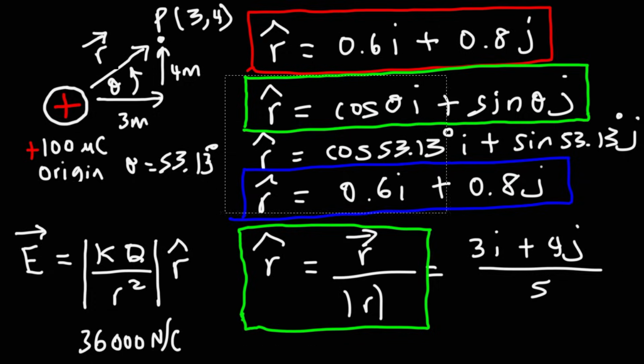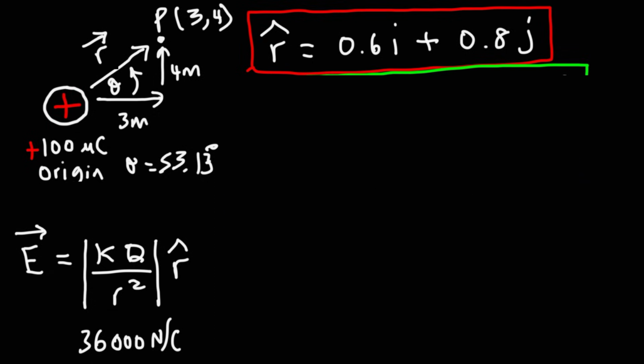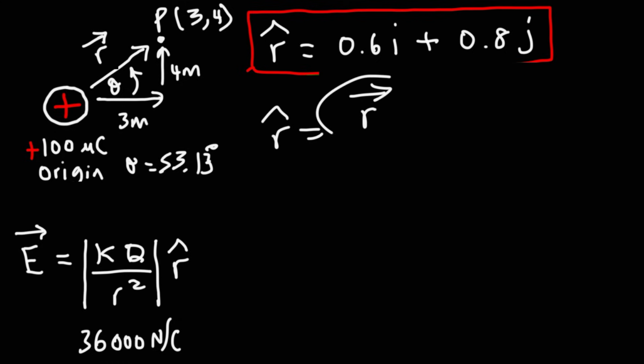So those are the two ways in which you can calculate the unit vector of the position vector. Just to recap, r hat is the unit vector of the position vector. So this is the position vector. This is a unit vector. So r hat is the position vector divided by the magnitude of the position vector.